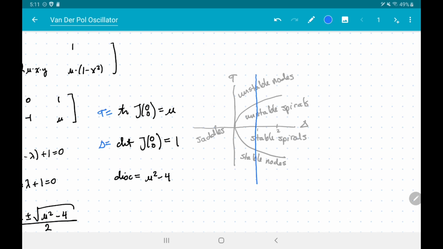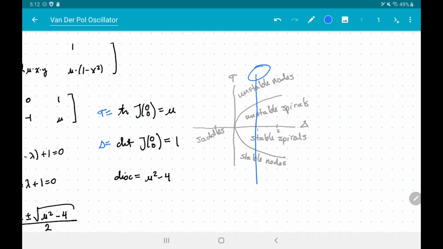If you imagine large magnitude negative numbers, that puts us down here because the discriminant will be positive either way. I'm drawing this the wrong way. The discriminant will be positive for mu of large magnitude. It will then become smaller as mu decreases, and the discriminant will get all the way down to -4 when mu is 0.